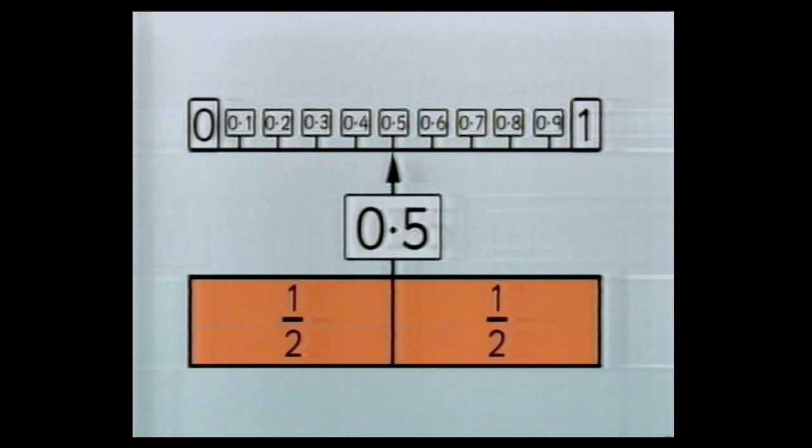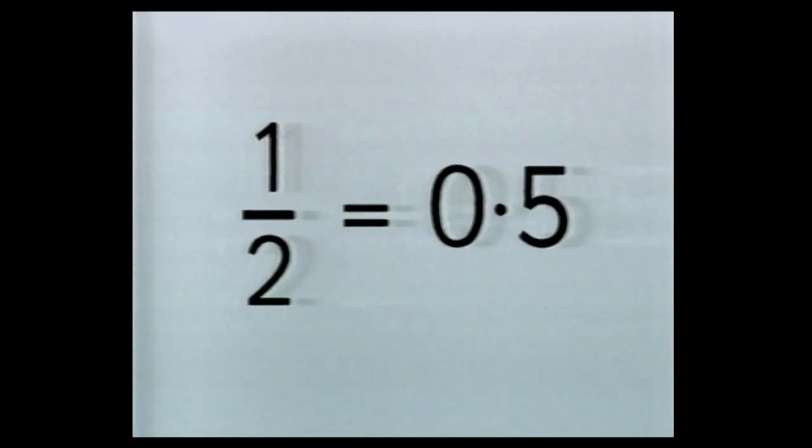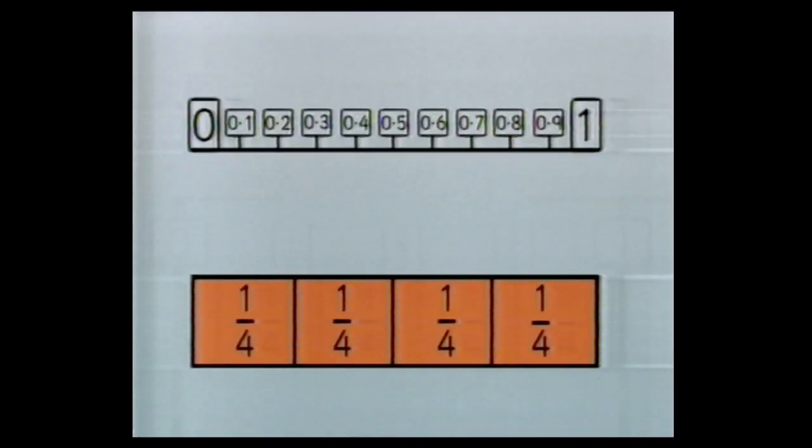0.5. Very good. So if we want to write a half as a decimal fraction, we write 0.5. Now, concentrate very hard. I'm going to show you how to write 1/4 as a decimal fraction. Now, join the 1/4 block to the decimal number line.